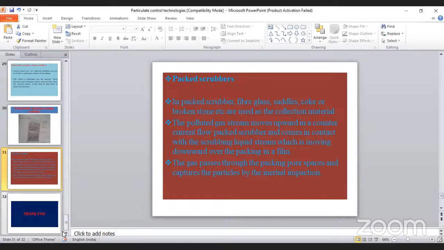Sometimes the packing tower encounters packing problems. The gas stream passes through the packing pores, which capture the particles, and because of the good mass transfer characteristics of the packing, efficient collection of fine particles by diffusion is also possible.